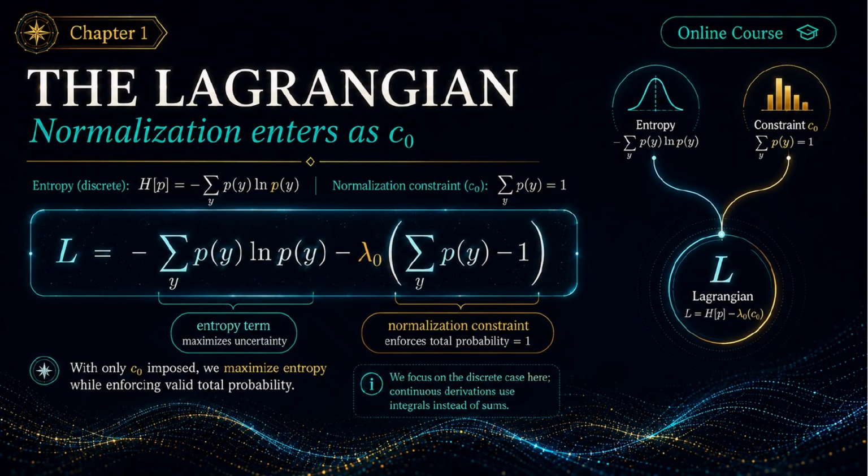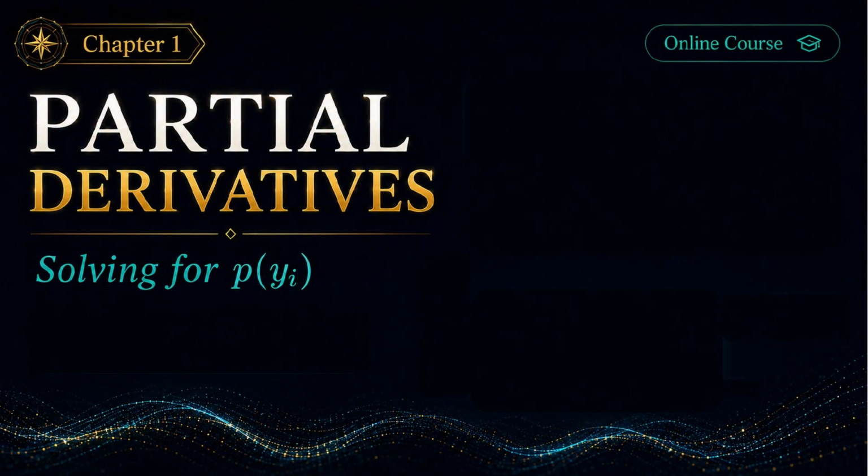It's a little bit hard to say exactly what it does and how we solve for it without just looking at it. But this is how the constraint enters into our Lagrangian, and from this we will solve for our probability distribution. The way that we do that is to take partial derivatives of our Lagrangian.